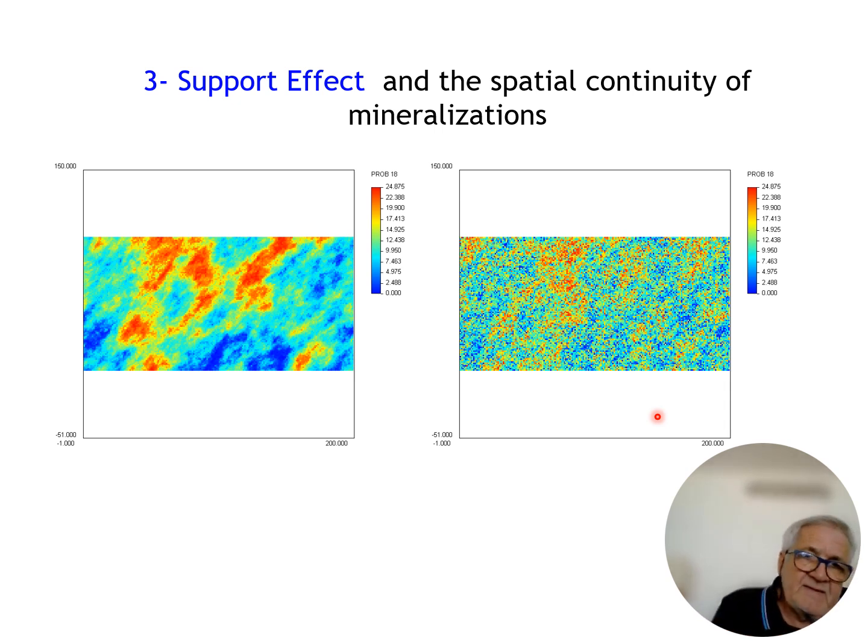On the left-hand side, we have highly continuous bodies, spatial patterns of high grades, low grades, and so on. And on the right-hand side, we have a more unstructured spatial pattern, with this salt and pepper. And if you remember your classes on introductory geostatistics, you will remember what the nugget effect is.